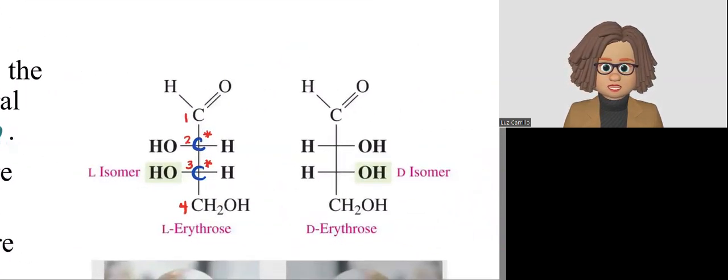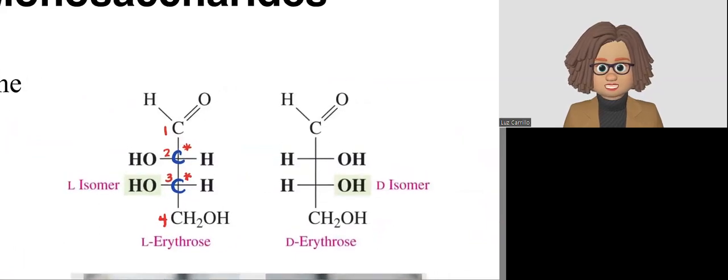Let's look at the structure of D-erythrose. Similarly, it has 1, 2, 3, 4 carbon atoms. Determine how many chiral centers are in D-erythrose. Just like we observed in L-erythrose, the chiral centers are carbon 2 and carbon 3.